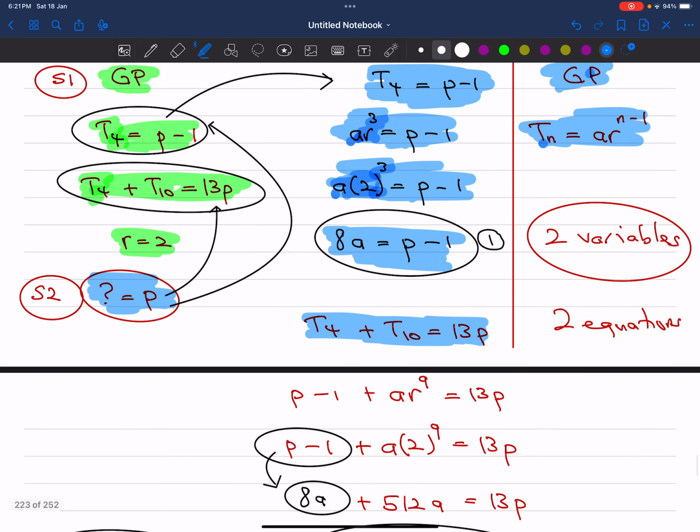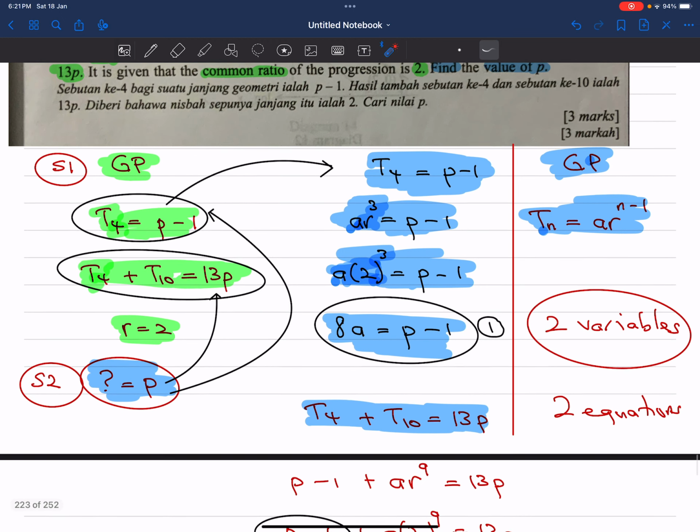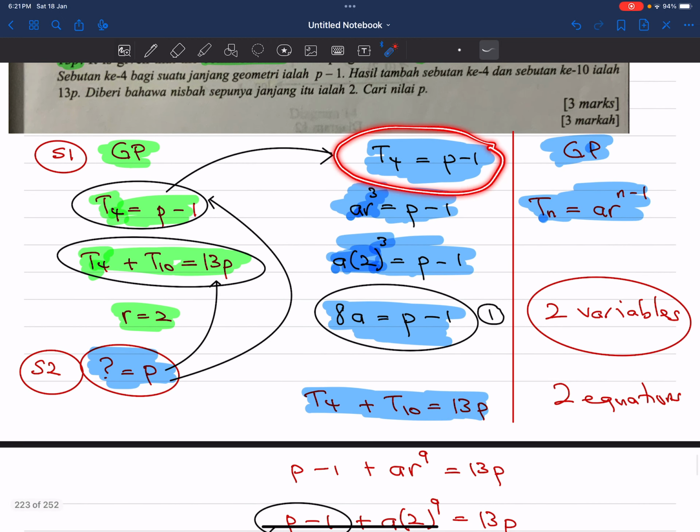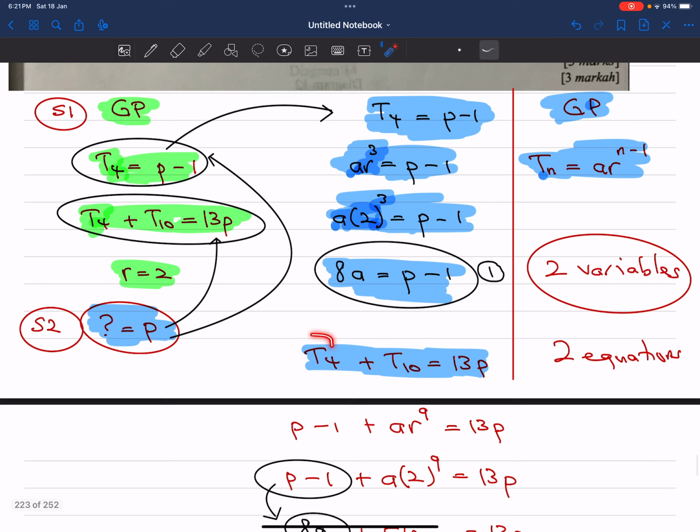And we already learned just now that T4 was P minus 1. So I substitute P minus 1. And for T10, I use the formula Tn equals ar^(n minus 1). So T10 is ar^(10 minus 1), 9, equals 13P.